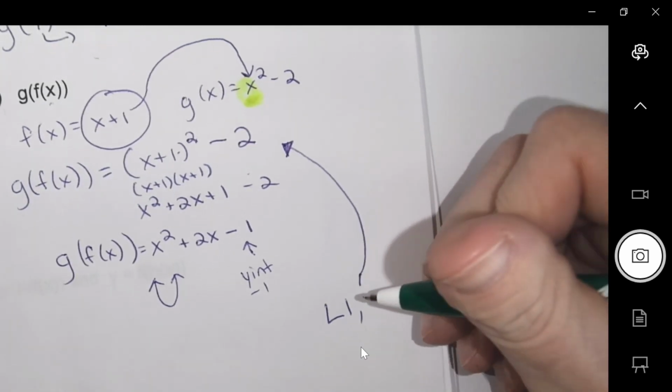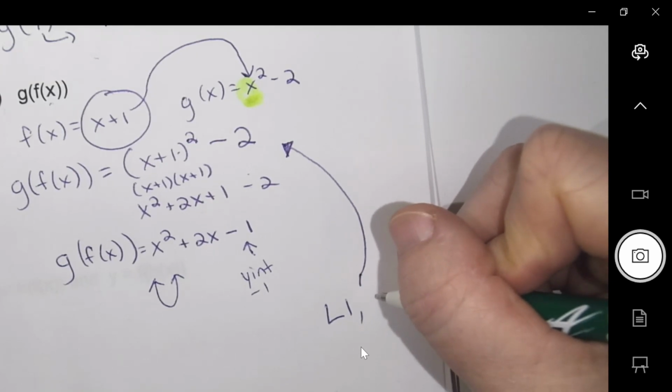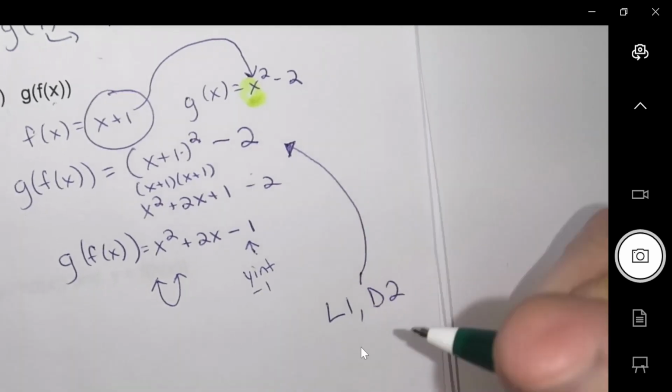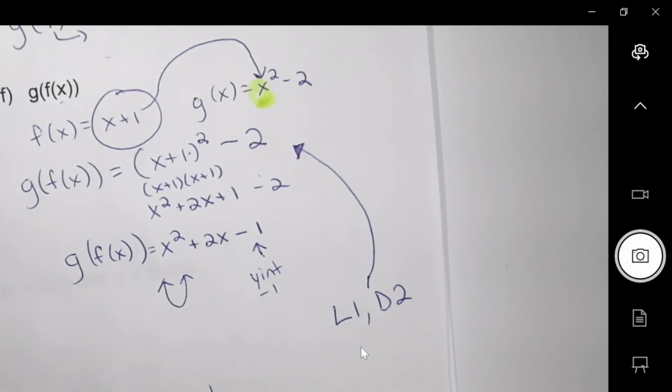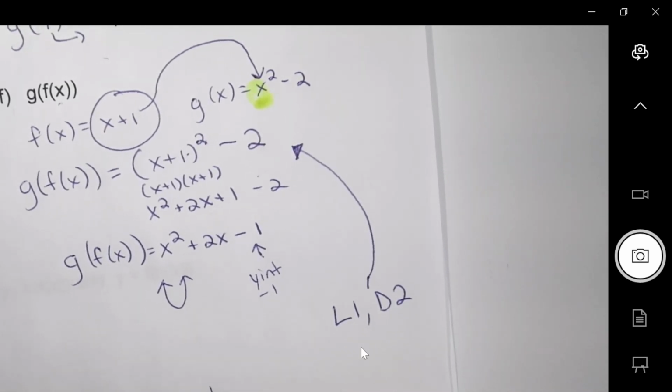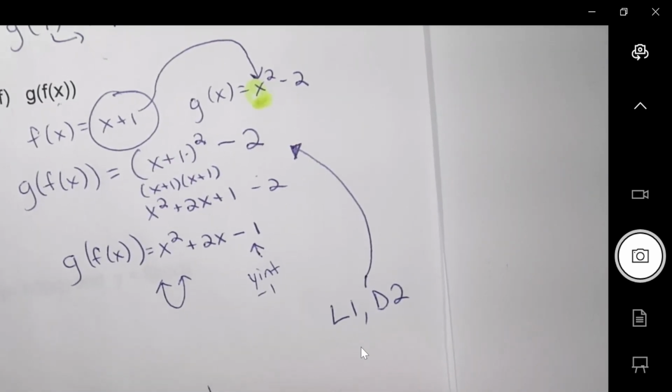And what is that other thing? What direction? 2, which way? Down 2. So can you figure out the rest of your parabola?